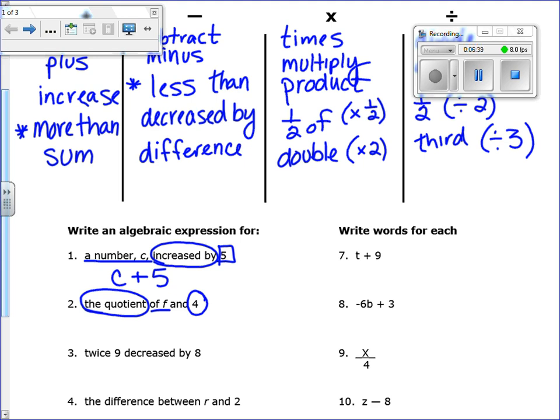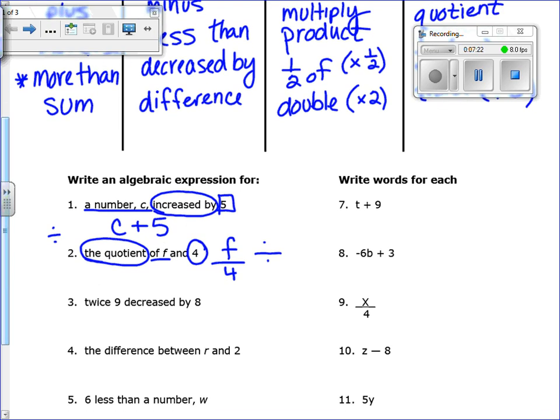So remember in class, we write division as numerator over denominator, more so than actually using the division symbol. Okay, so I'm going to say F divided by 4. That's what the quotient of F and 4 is. And if you think about it, think about the division symbol that we have. It is a fraction bar with a number over a number. That's what a division symbol actually shows, is dividing two numbers, one over the other.